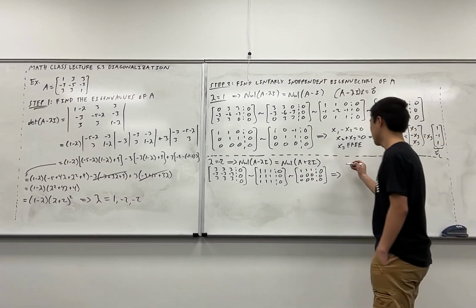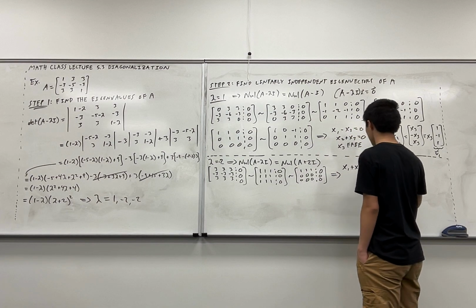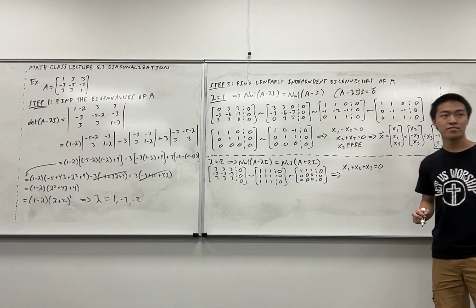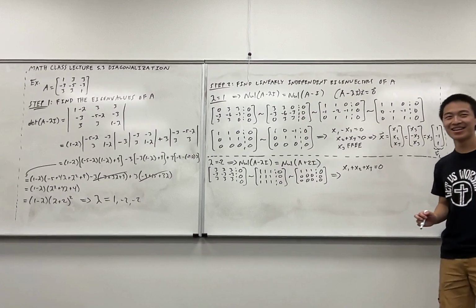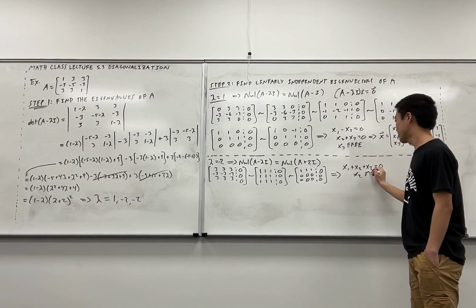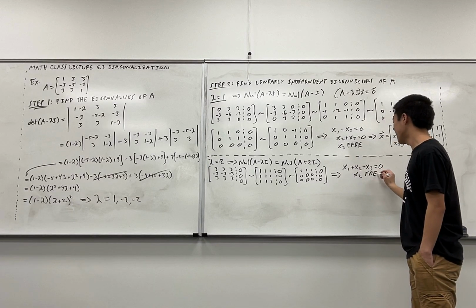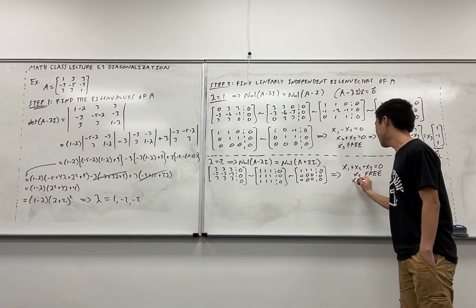X1 plus X2 plus X3 equals 0. Olamide, what do we call x2? I didn't ask you guys, I asked Olamide. It's okay. Olamide, what do we call x3? Bingo.